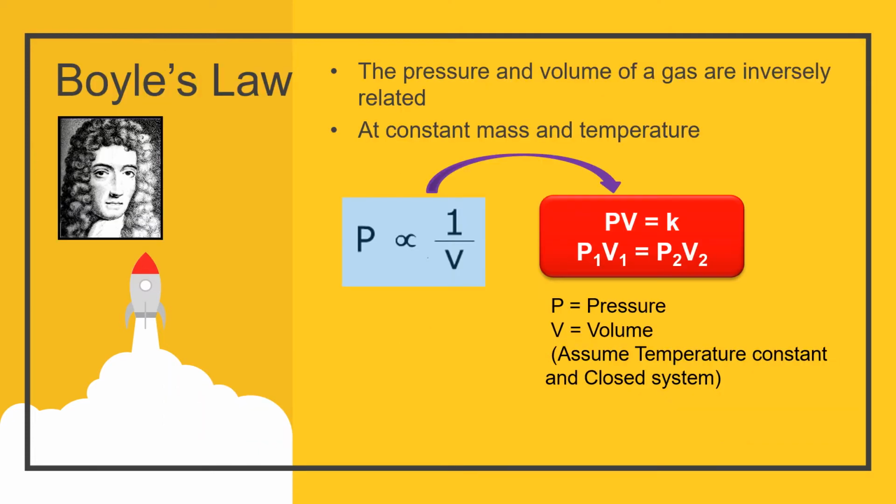Boyle's law says the pressure and volume of a gas are inversely related at constant mass and temperature. When mass and temperature are constant, you just remember that there is PV equals mRT. So this is what it produced.